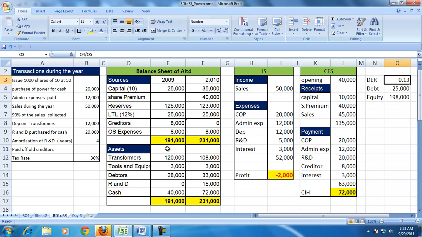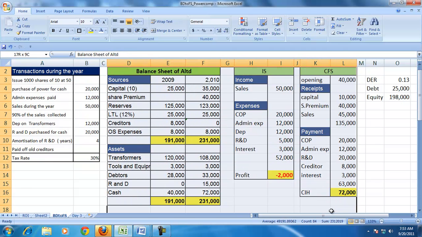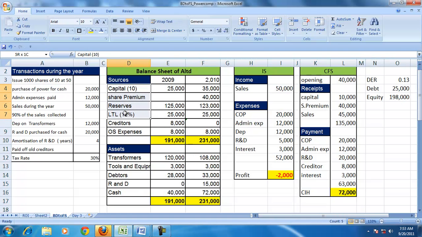So in a power business, or any business for that matter, if a set of transactions is given, you can convert that into financial statements and start understanding the effect of the financing decision on the business. In this example, suppose we state the financing decision: what percentage of the business is financed by equity?